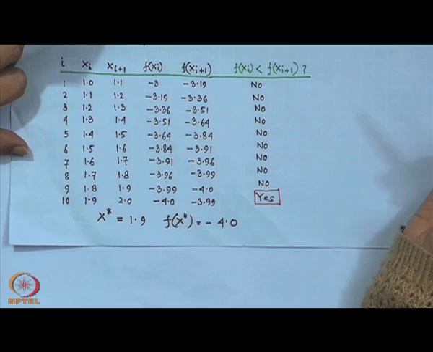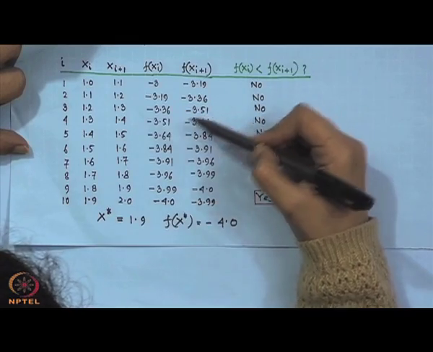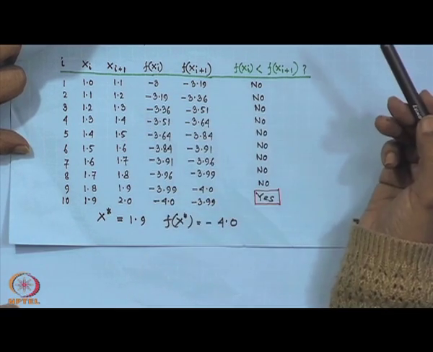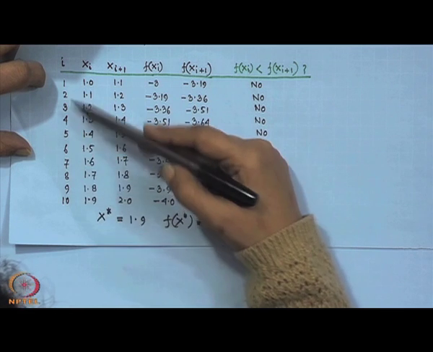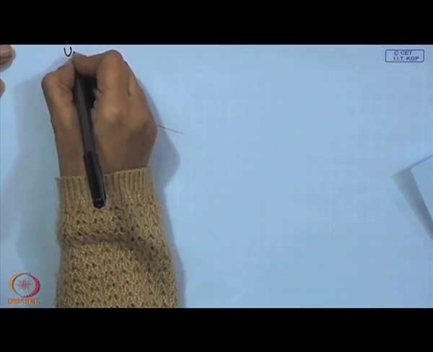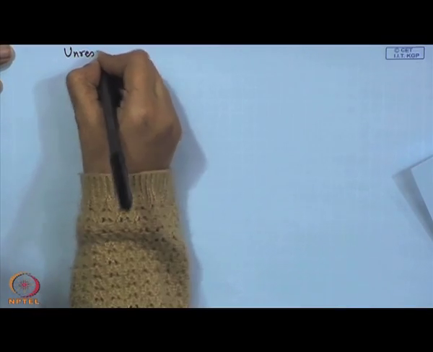In that case, if I see the functional value is again a better one, I will proceed with the same step length or with the accelerated step length, so that the number of iterations we could reduce. Then the searching procedure will be much more efficient. That is why we have the next stage of searching technique, that is called the unrestricted search with the accelerated step length.